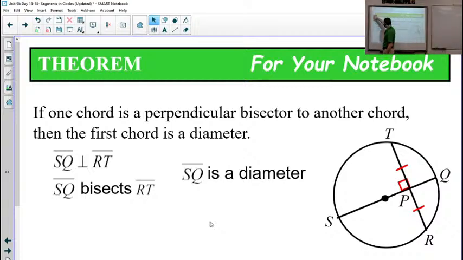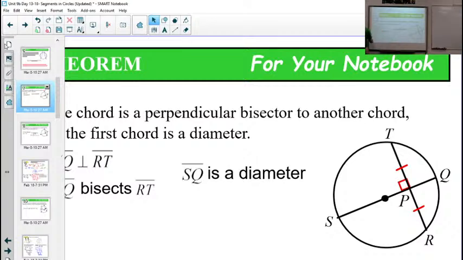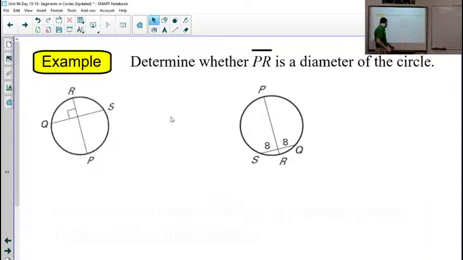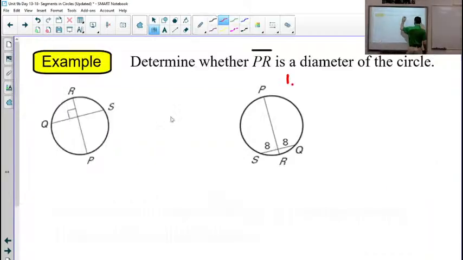So if we have a perpendicular bisector, then we have a diameter. So that tells me that we need two things to happen. One, we need it to be perpendicular, and two, we need it to bisect. And we need to check them both. Both of them need to happen.